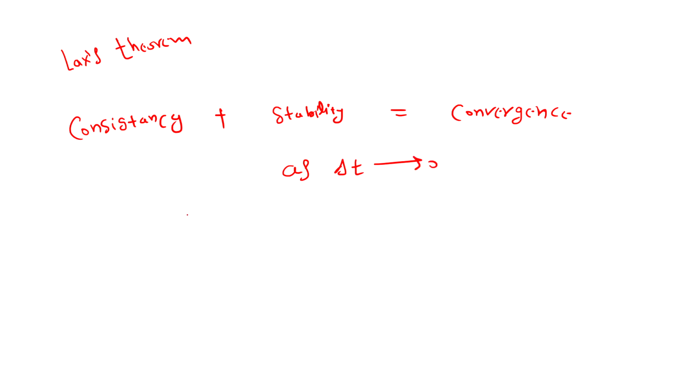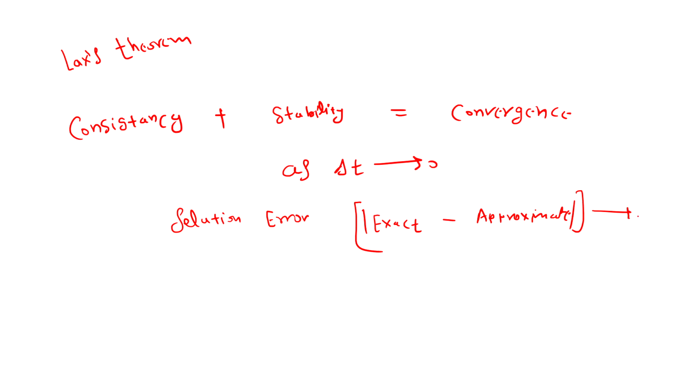That means my solution error, which is exact minus approximate value, will tend to 0.